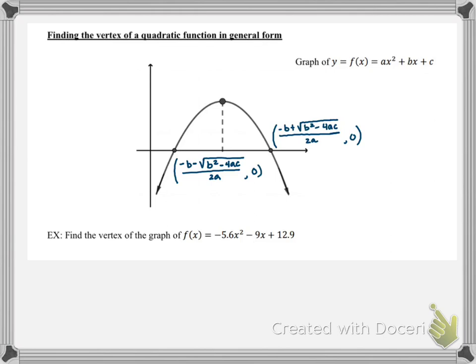So I have x values for my two x-intercepts, and I want to average those. I'm going to add them together and divide by 2.